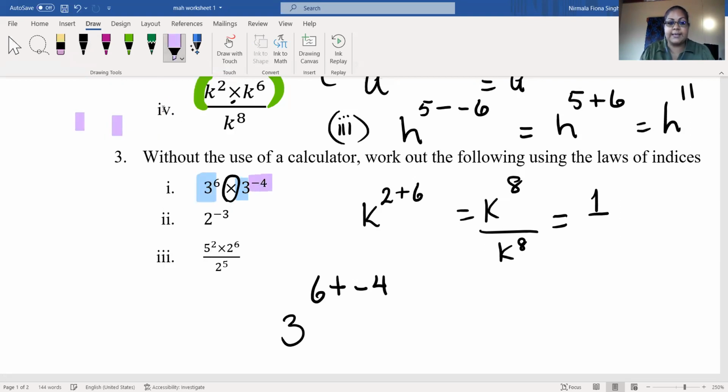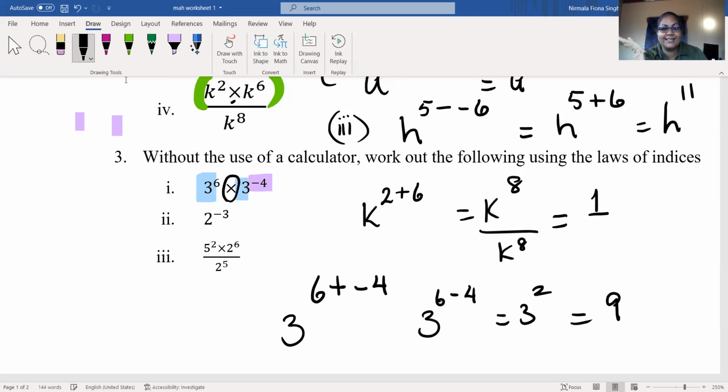So this is my index, minus 4 is my index. So 6 plus minus 4, we all know that's going to give you a minus. You're going to end up with 3 to the 6 minus 4, which is equal to 3 squared, which is equal to 9. Easy, easy peasy.